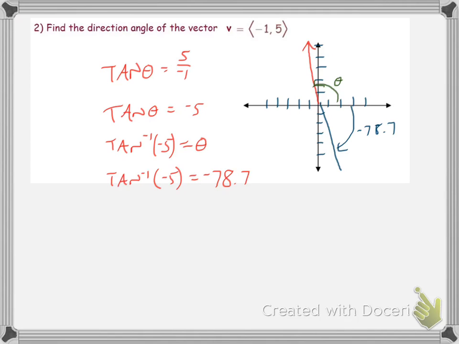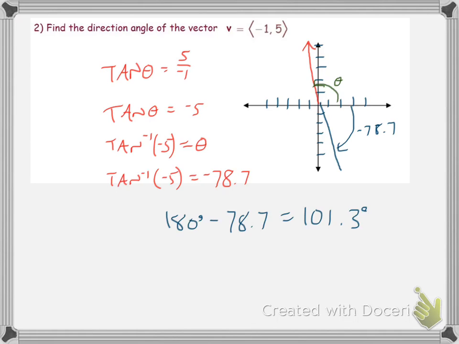And so in order to find theta here, you're going to take 180 degrees, because both of these lines form a straight line here, even though it may not look like it in my drawing. So 180 degrees minus 78.7 is going to equal 101.3.